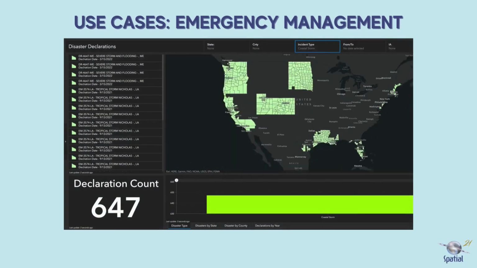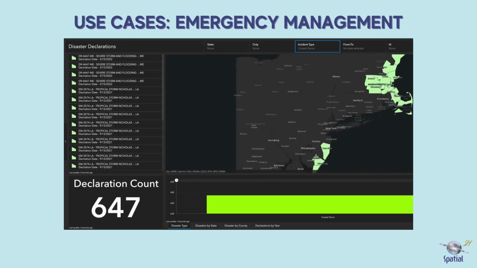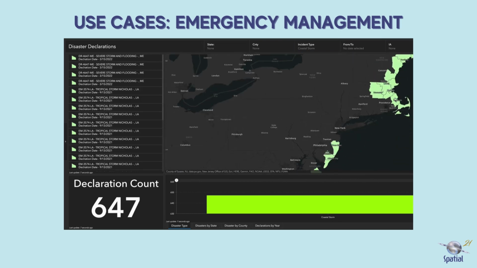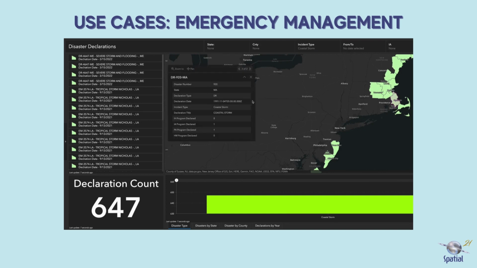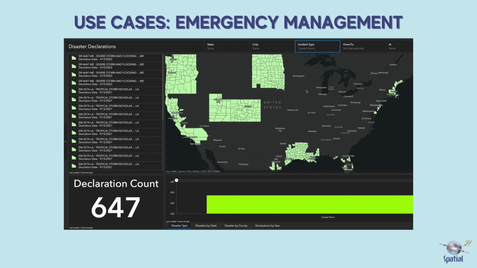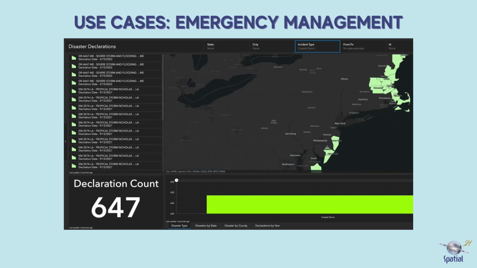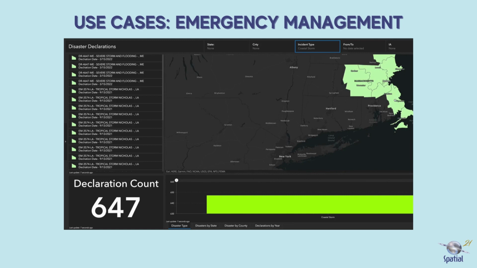Here is a dashboard of historical and current disaster declarations created and used by FEMA. Dashboards for ArcGIS provide vital functionality in emergency or disaster management. They can be used to analyze and visualize trends in historical data or to monitor an ongoing response.